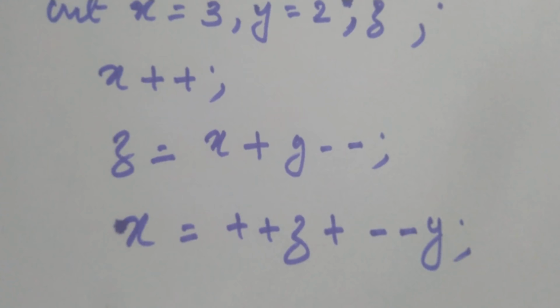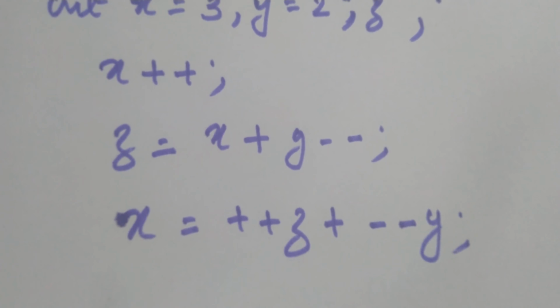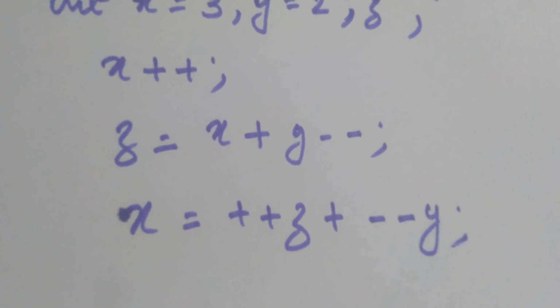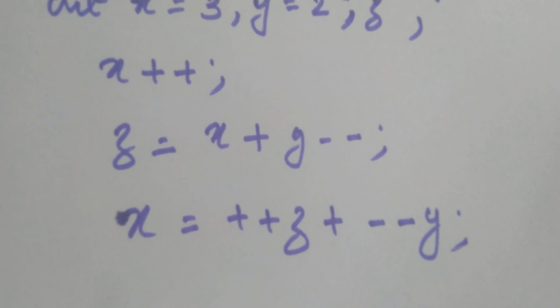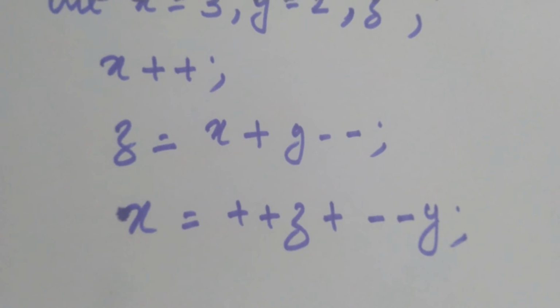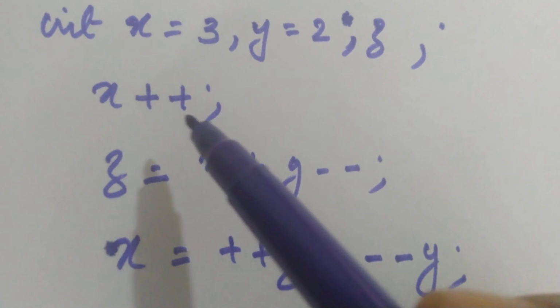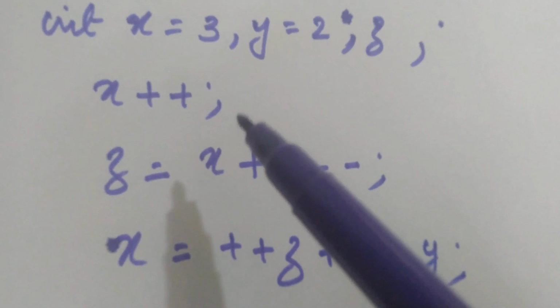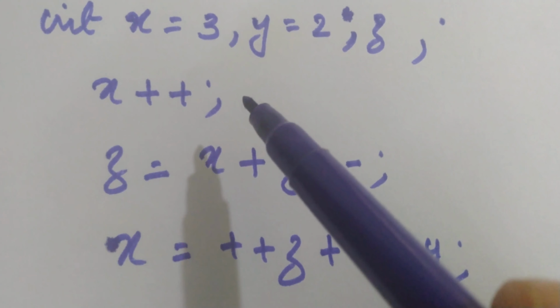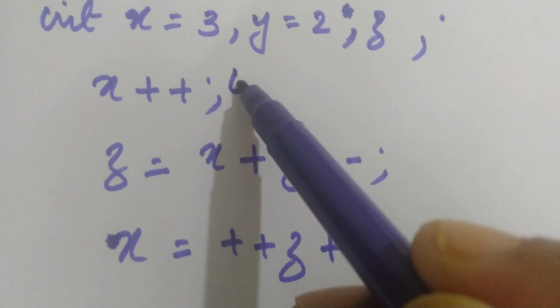And in the case of post-decrement or post-increment operators, when they become part of an expression, first of all the old value of the variable will be taken into the expression and only after that the variable gets incremented or decremented. So here x++ is an independent expression. So what happens? x gets incremented to 4.